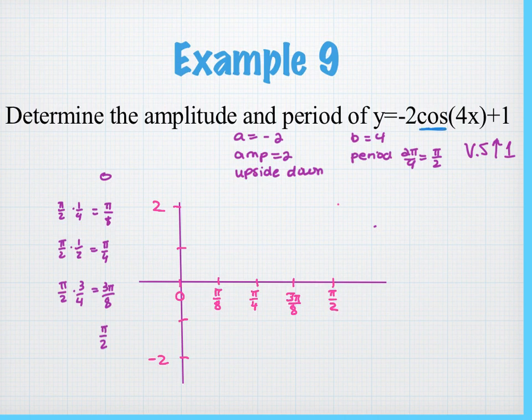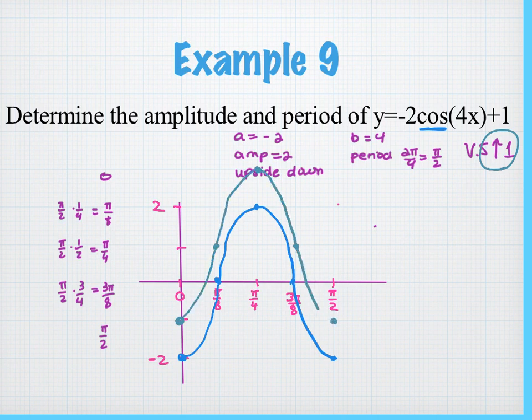So instead of starting at 2, going down, down, up, up, I'm going to start at negative 2, go up, up, down, down. And then I'm going to shift everything up one place. So this shifts up 1, up 1, up 1, up 1, and up 1. And that is your final curve.